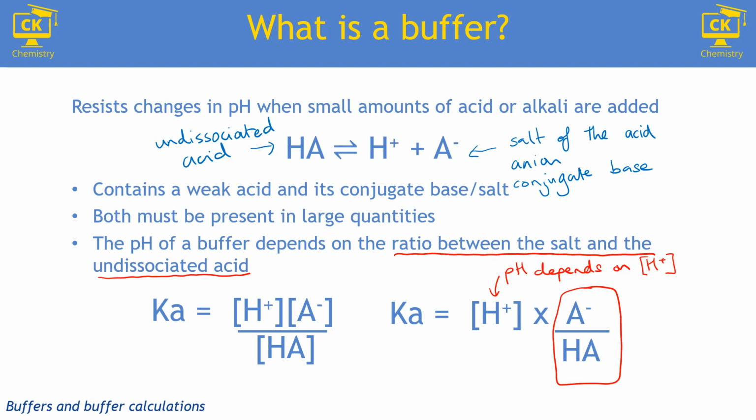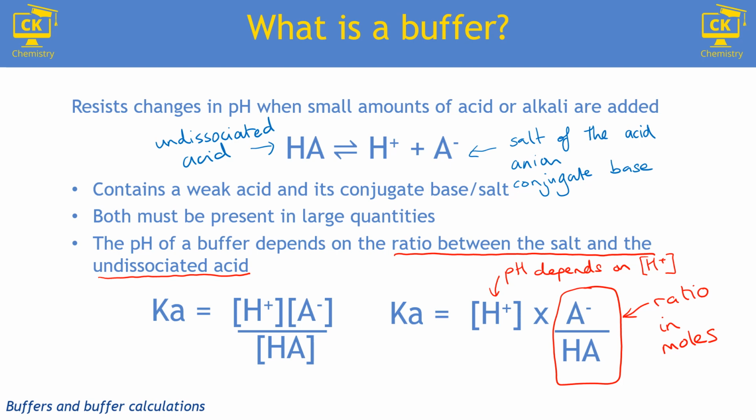So hopefully you can see that because Ka is constant, H plus depends on this number, which is a ratio between 2 things. Because it's a ratio of A minus over HA, we could have it in moles per dm cubed, so concentration units, but we could also have these numbers in moles, because moles divided by moles has no unit, and concentration over concentration has no unit.